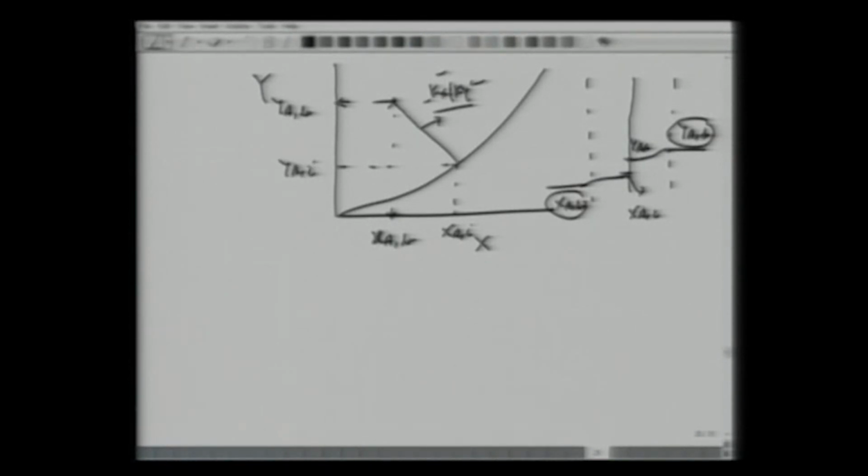Okay, so let's try to understand this again. We start with the equilibrium curve. This is given from thermodynamics. We have already done this batch experiment, and we have obtained this solubility curve or isotherm, so we know the relation between y and x at equilibrium.